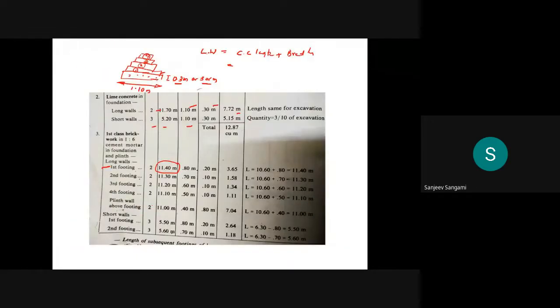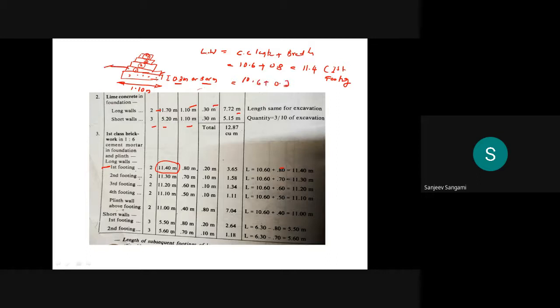Here the breadth is 80. Then center to center length we already calculated initially. Then it is 0.8. So then you will get 11.4 for the first footing. Then for the second footing, similarly, you have 10.6 plus 0.7. Why?